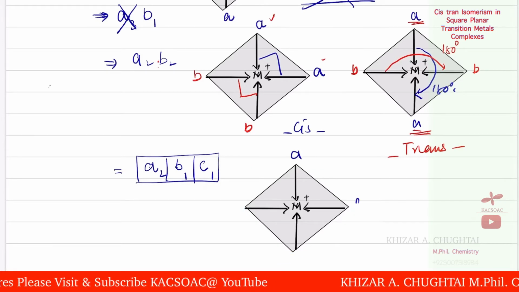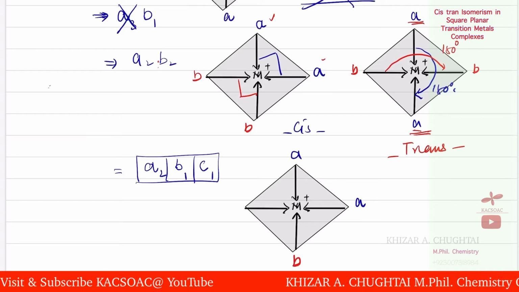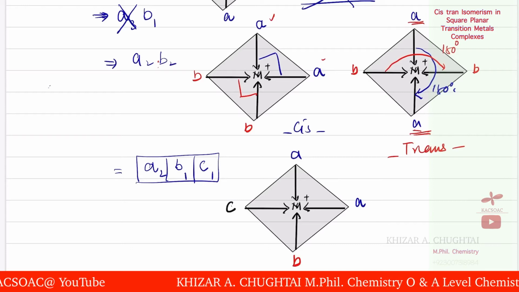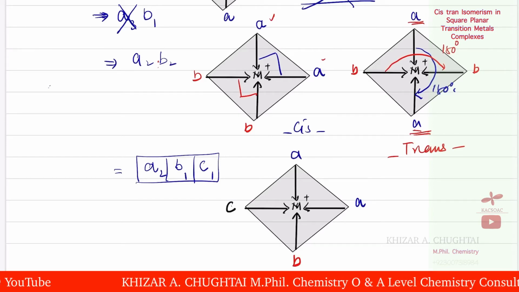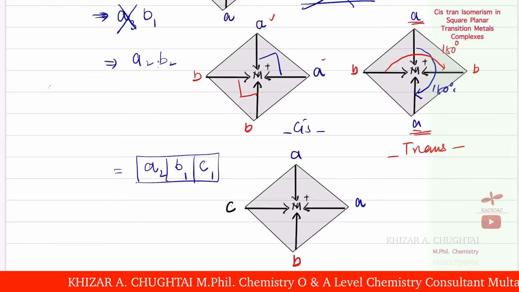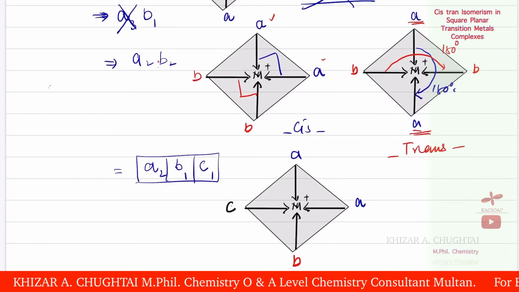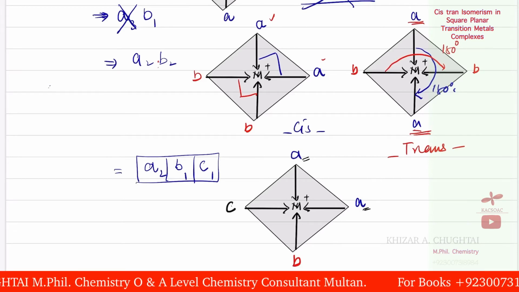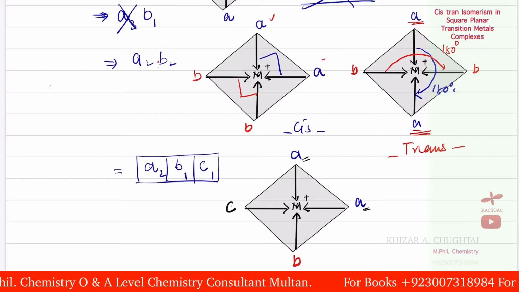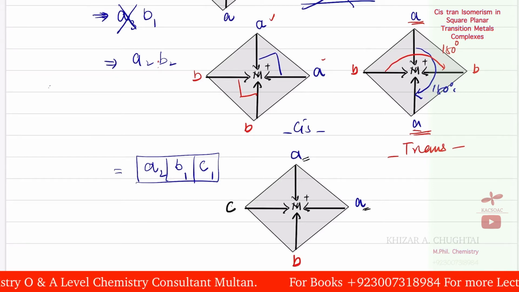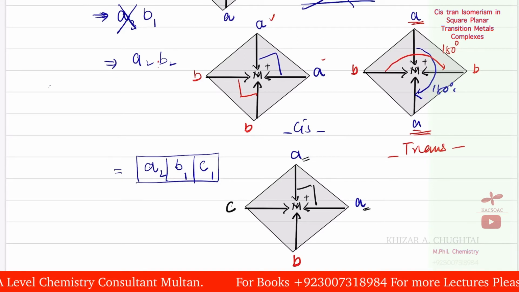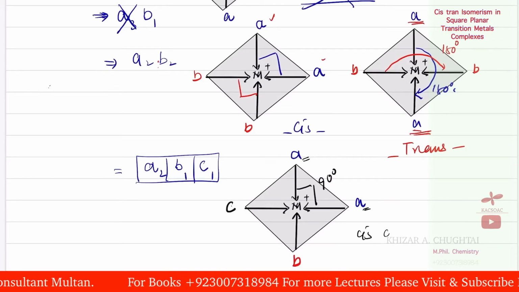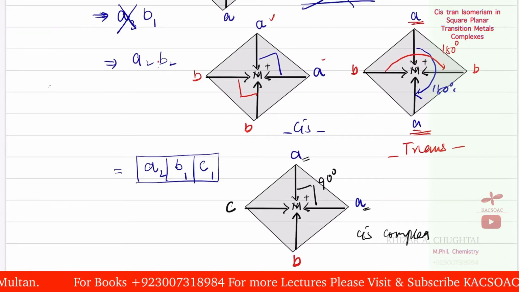A, B, and this is the C. So yes, this molecule can also exhibit cis-trans isomerism. There are basically three types of ligands: two are similar ligands, AA, and the other two are different ligands. So once again, similar ligands are lying at 90 degrees. So this complex is the cis complex with respect to A ligands.